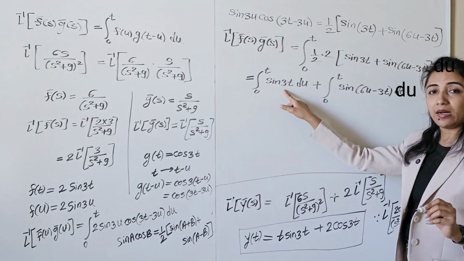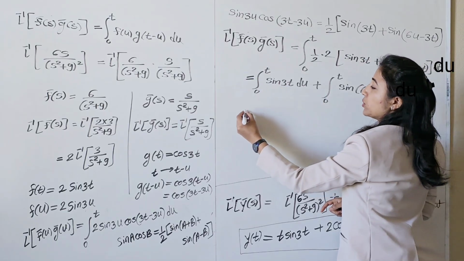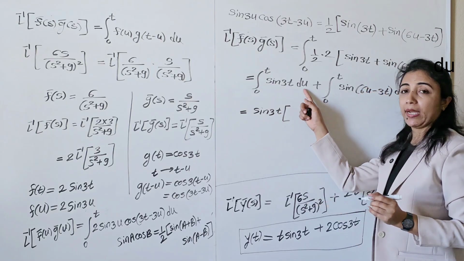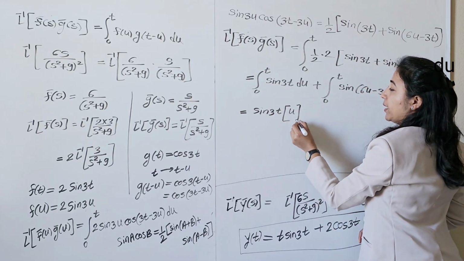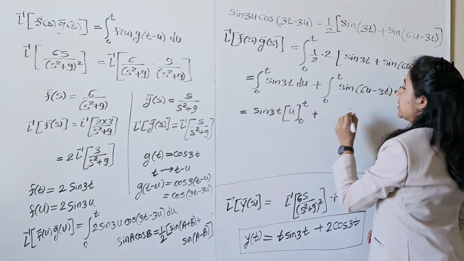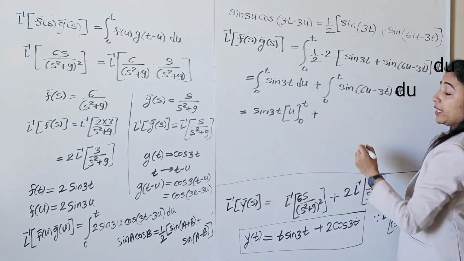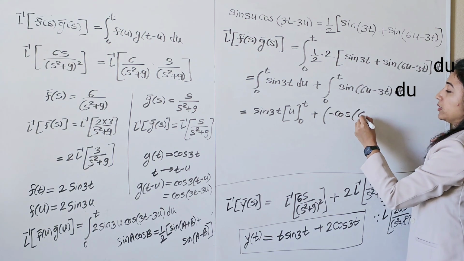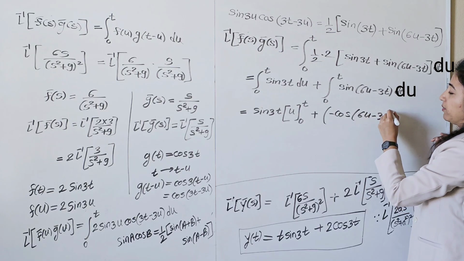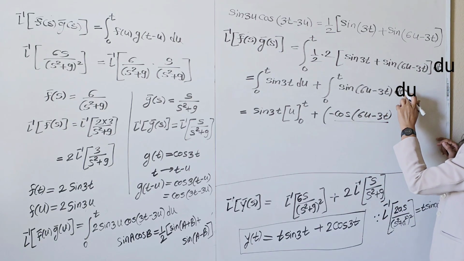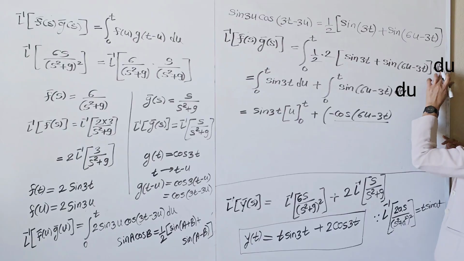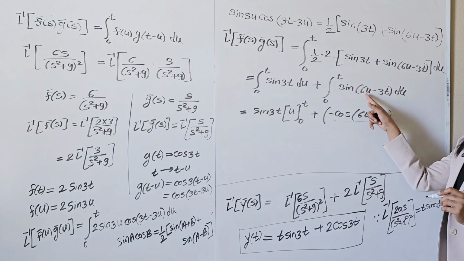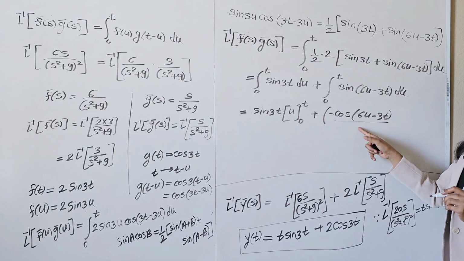Now here we are integrating with respect to u, so obviously this t term is constant, and we can take it outside. So here sin 3t is outside, the remaining is du, and the integration of du is u from 0 to t, plus here the integration of the sine term; integration of sine is minus cos(6u minus 3t) divided by 6, because we are integrating with respect to u, so the constant multiplying the variable has to be written in the denominator.